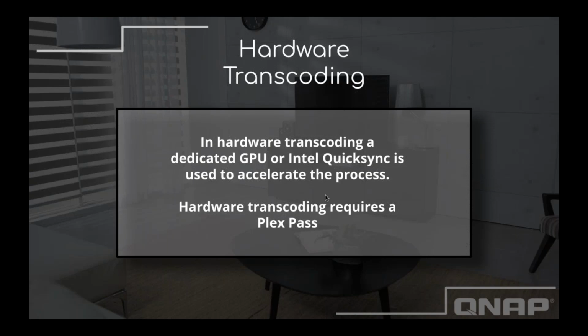So it has a GPU dedicated just to transcoding, which will typically give much better performance if you're trying to transcode higher resolution content such as 4K. You're going to probably want something that can provide hardware transcoding. Using hardware transcoding with Plex does require a Plex Pass, which you can purchase or get on a subscription basis.